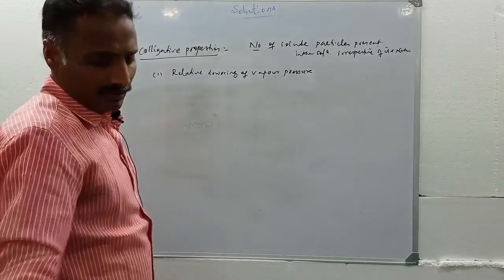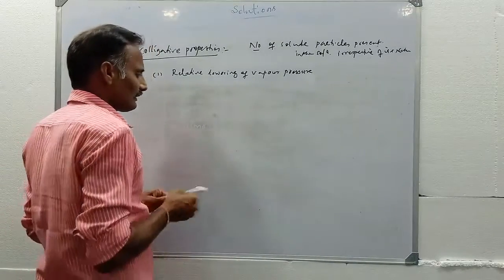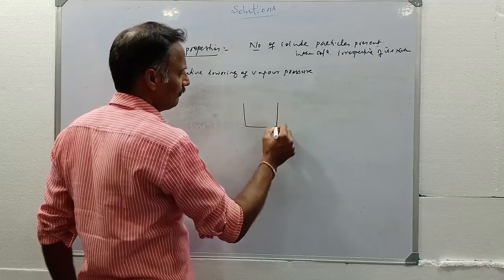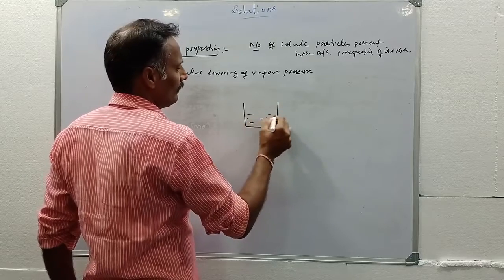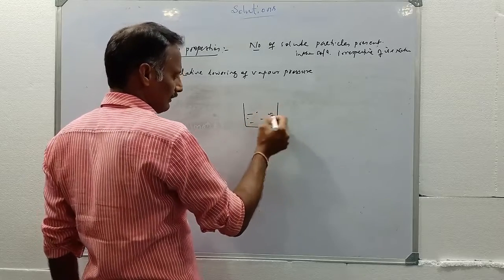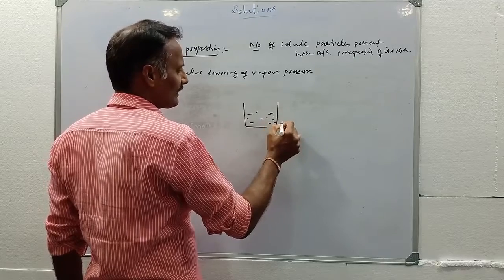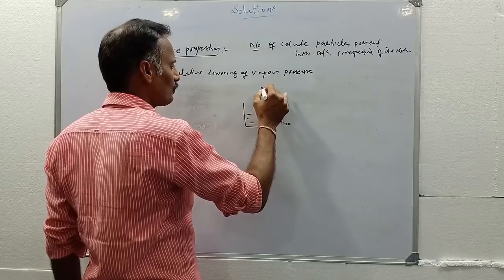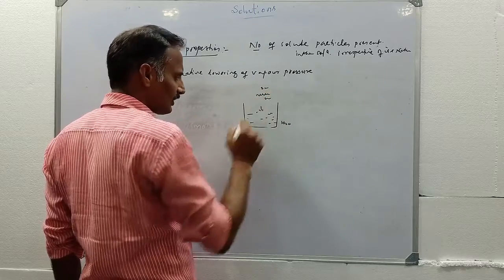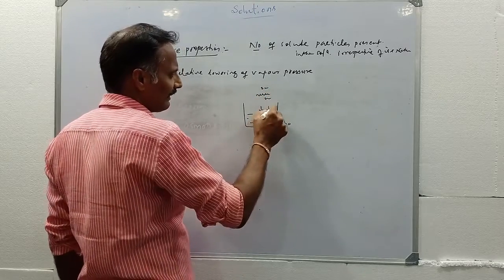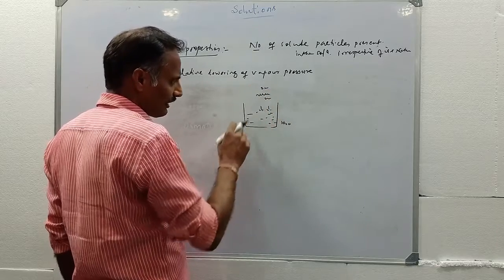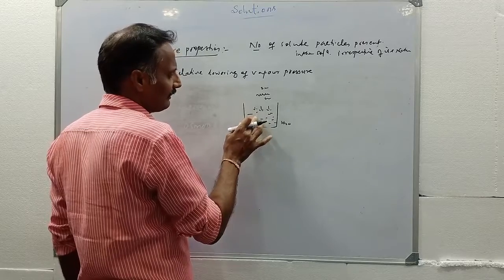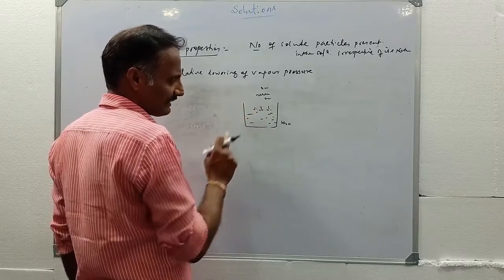For example, this is a solution. Take water as the solvent, and add urea, sucrose, sugar, or sodium chloride; these are called solutes. By adding them, its vapor pressure decreases.